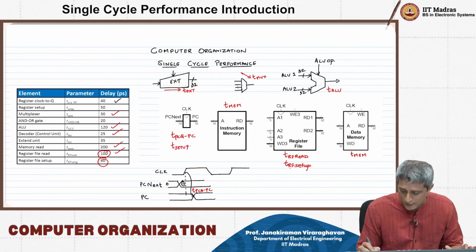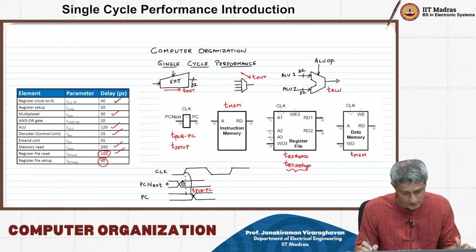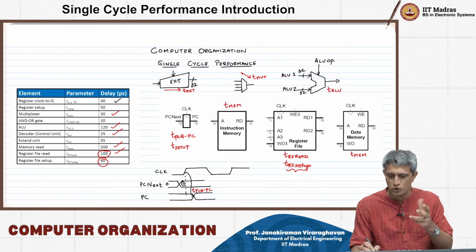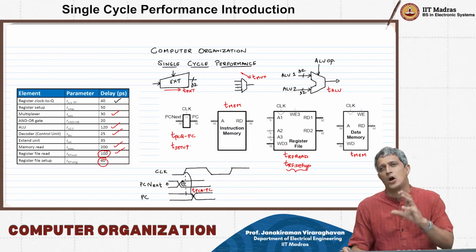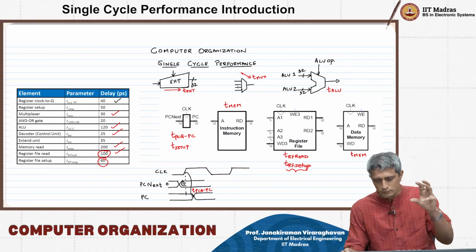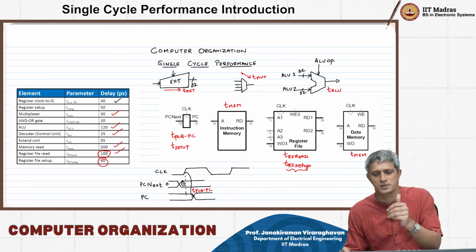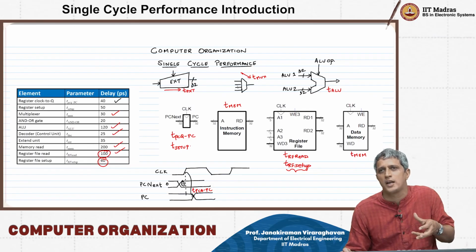So this TRF setup, remember, says about 60 picoseconds here. Register setup is about 50 picoseconds. So these two numbers can be slightly different, because there is a write enable involved in this register file, whereas for the PC there is no write enable involved.